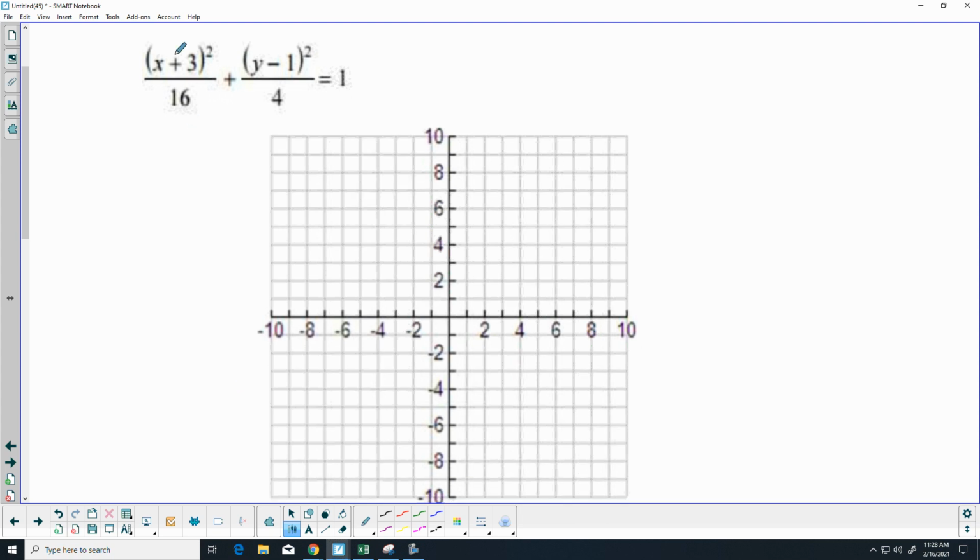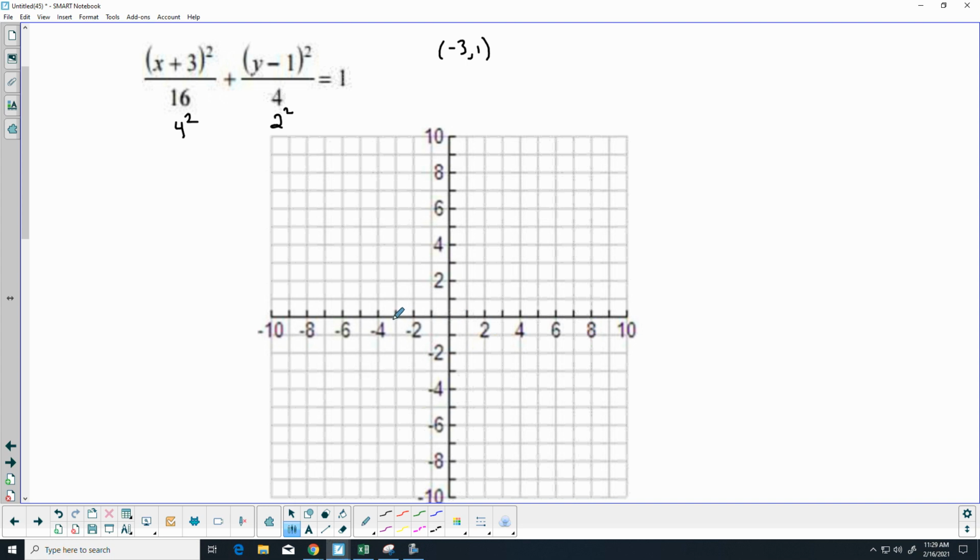On the Desmos activity, I would expect you just to put this into the graph and go from there. So first of all, I'm going to think of that 16 as 4 squared, and that is 2 squared. Just makes it a little bit easier. So my center is negative 3, 1. And I'm going to start by plotting that center.